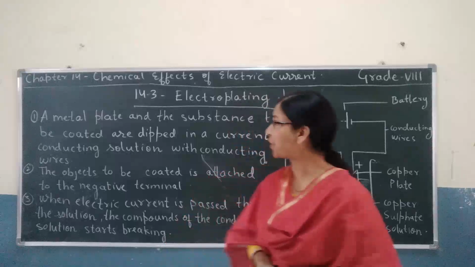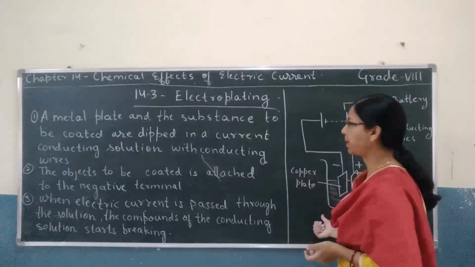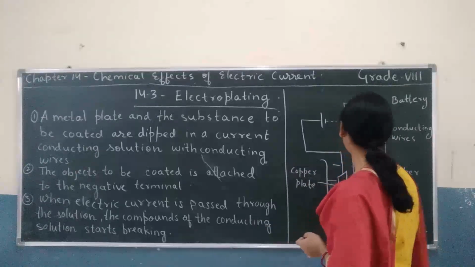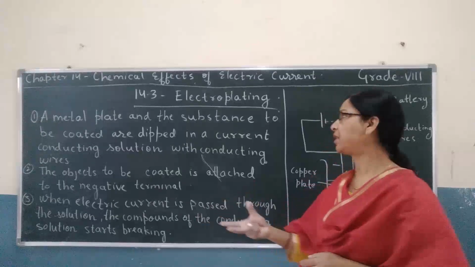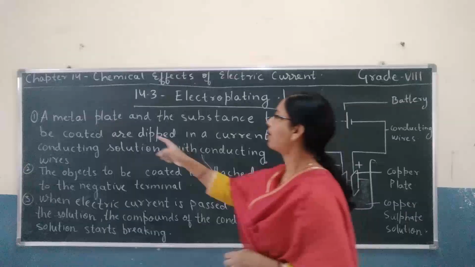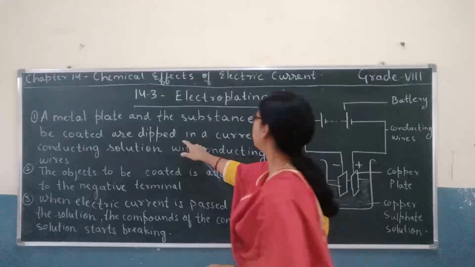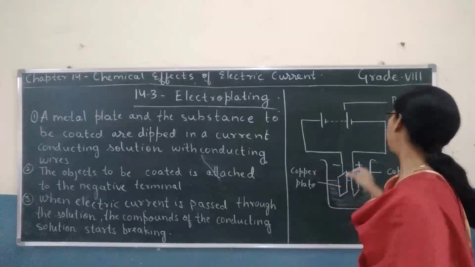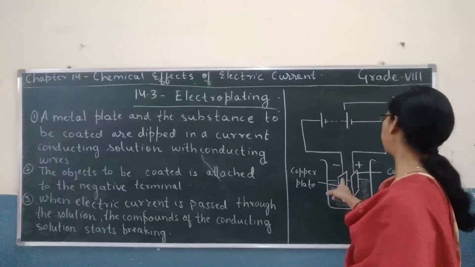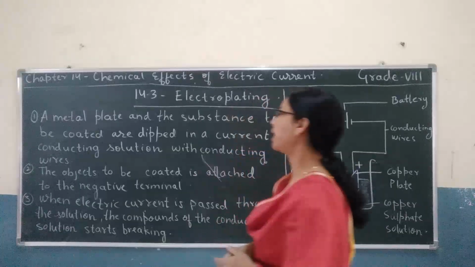Dear students, let us try to understand more about the process of electroplating with the help of one experiment. So here I have drawn the diagram for electroplating, and let us understand how it works. A metal plate and the substance to be coated are dipped in a current conducting solution.